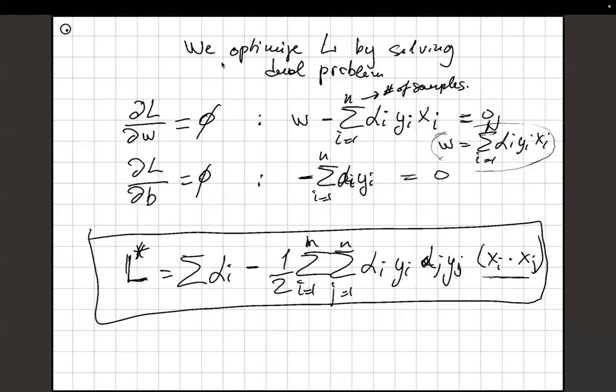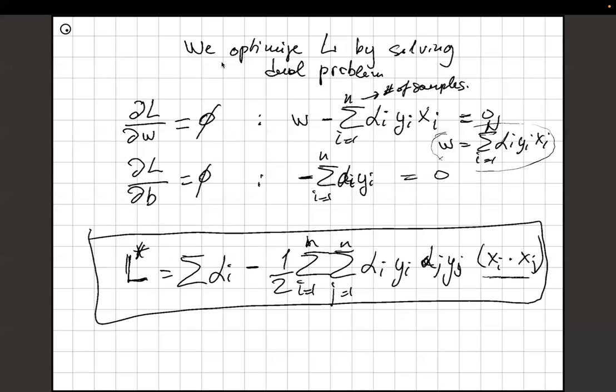So what is good about it? As I said, we got rid of coefficients W and B, and only have coefficients which are in front of each sample. So basically, how each sample contributes to the overall model.